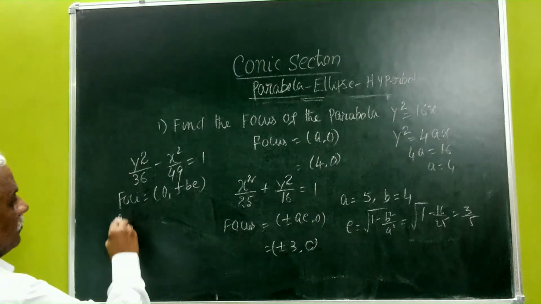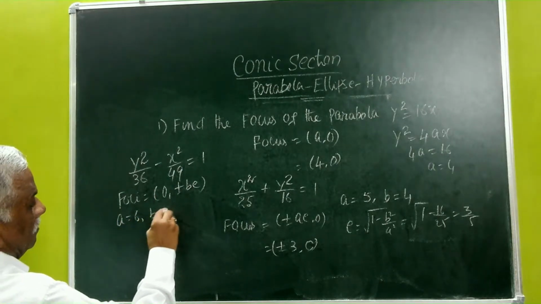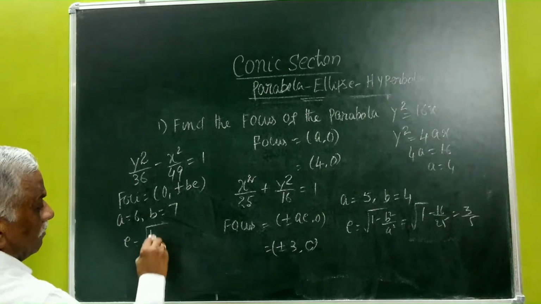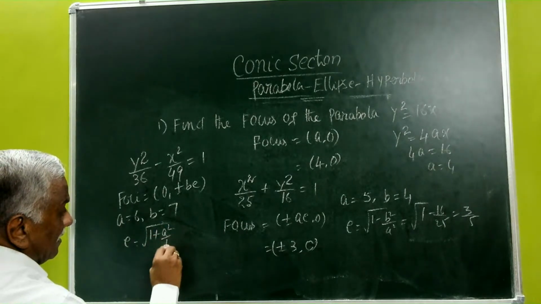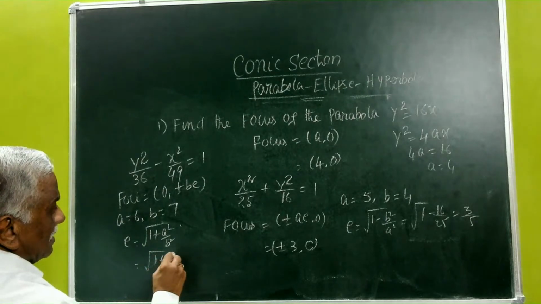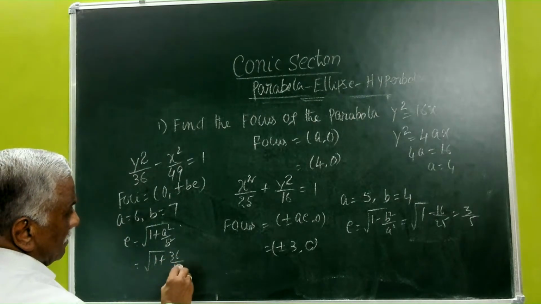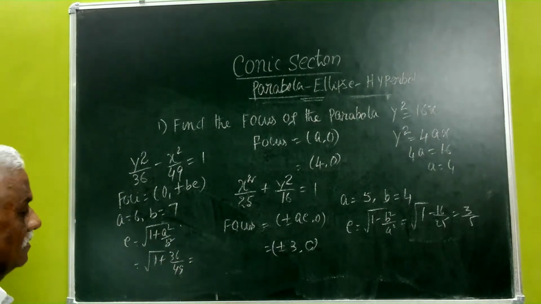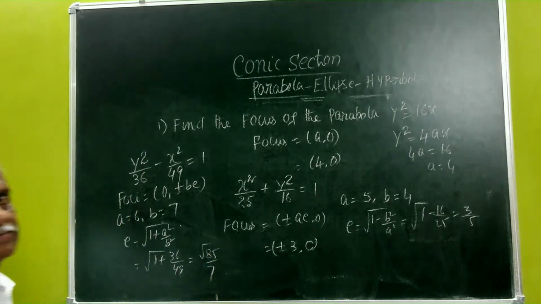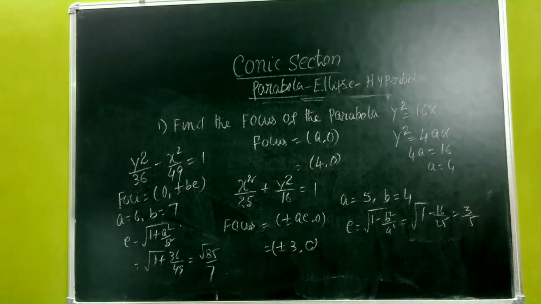What is a? a is 6, b is 7. What is e? Root of 1 plus a square by b square, because it is the second type. So 1 plus 36 by 49, this is root 85 by 7. So you can substitute in the solution.